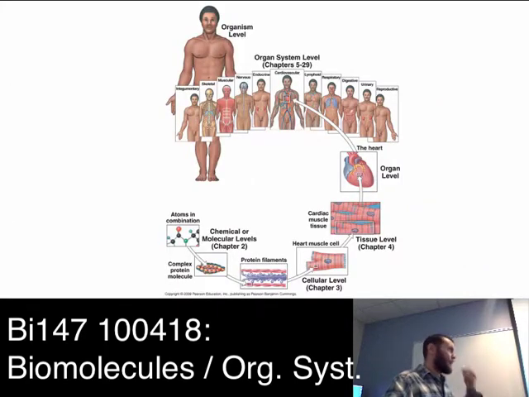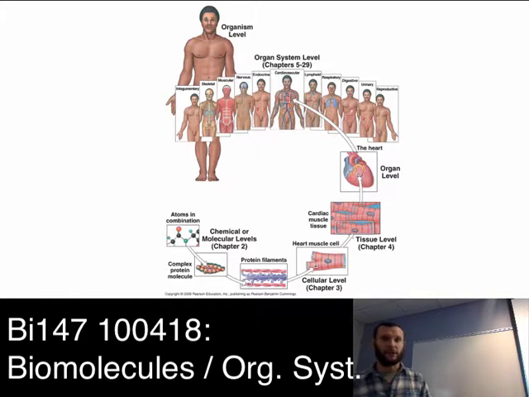Let's move on. The next step, I probably am not going to get a chance to completely finish this before the end of the day, but I'll try. So we're walking up this hierarchy. A couple lectures started. Talked about atoms, moved on to biomolecules and macromolecules.